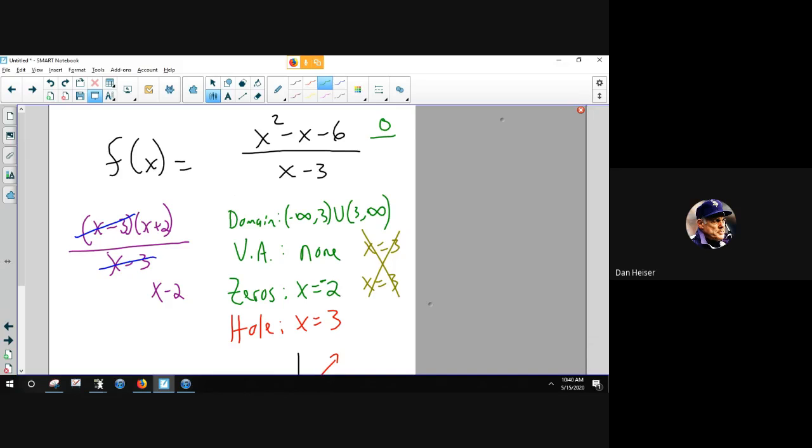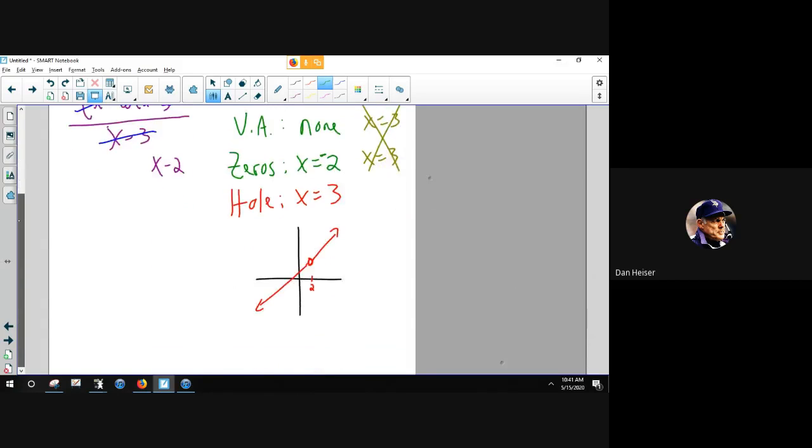Plug 3 in for x in the denominator. We get 0 over 0. And that's bad. That's worse than bad. This is bad squared. We know dividing by 0 is bad. Well, 0 divided by 0 is worse. Way, way, way, way worse.